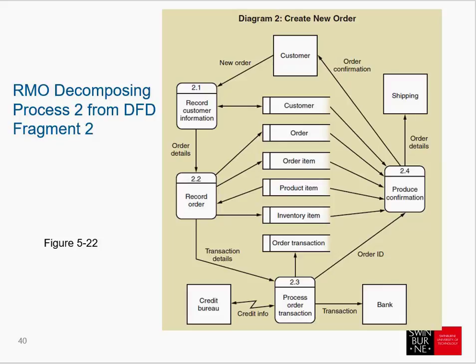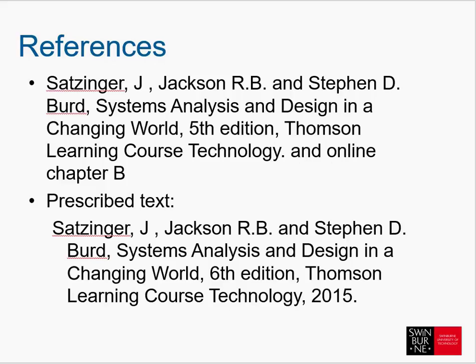So likewise in your project also think about how you're going to break down complicated fragments into smaller fragments. So this ends today's lecture, lecture 5, and I think now you have a clear idea of the symbols that we use in data flow diagrams and what kind of diagrams we are trying to produce in structured analysis.